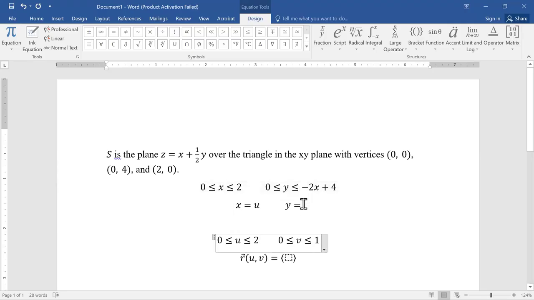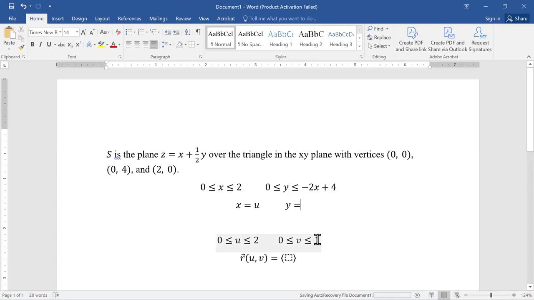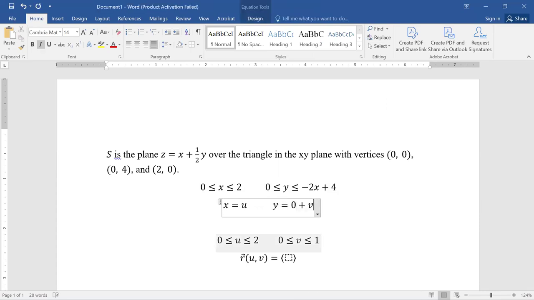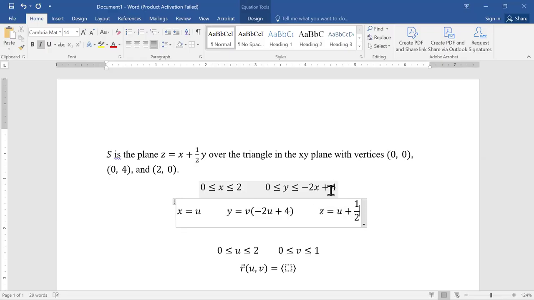When v is 0, we'll be at 0. When v is 1, we'll be at negative 2x plus 4. And I don't need to worry about adding 0. Negative 2 times u plus 4. We'll replace the x with the u. And then the z, since the surface we're looking at is x plus 1/2 y, we get u plus 1/2 times y.